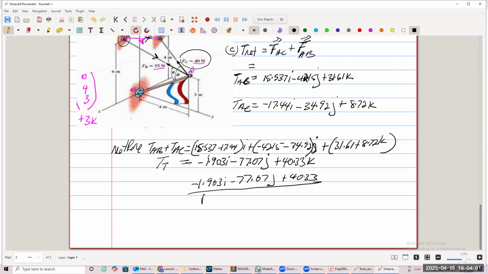So you get the unit vector, which is minus 1.903 squared plus 77.07 squared plus 40.33 squared. So you square those, take the root, right?